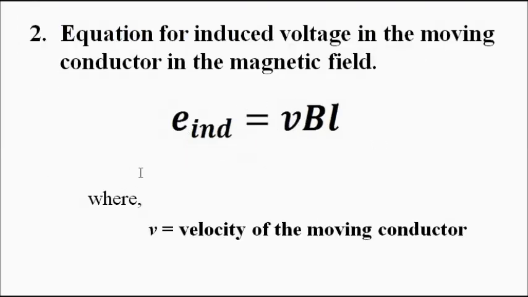Please write down these expressions along with the statements, because we will correlate them. First I am just stating what equations are involved, then we will try to establish a relationship between them, how one affects the other.